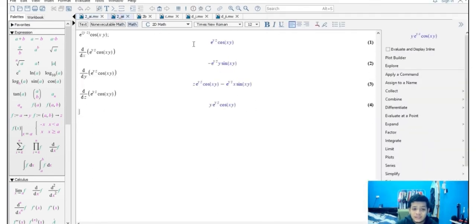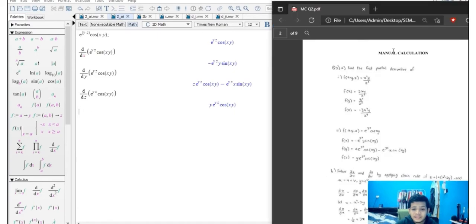For 2A2, it is the same as question 2A1. We type this equation into Maple and then differentiate it with respect to dx, dy, dz and get this answer. This answer is the same as my manual calculation, so the answer is correct.